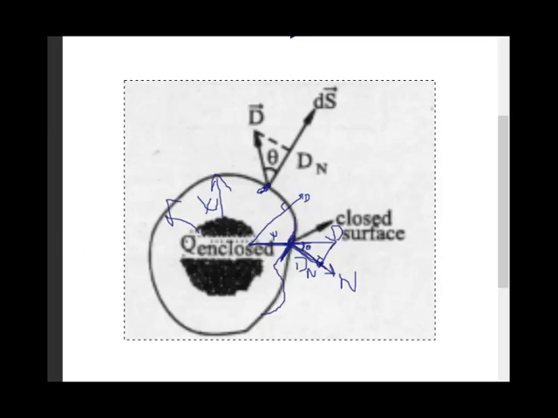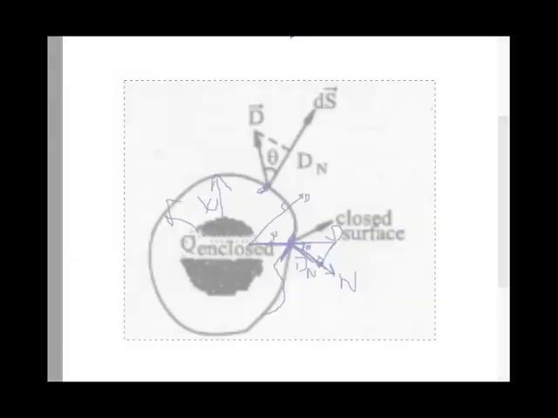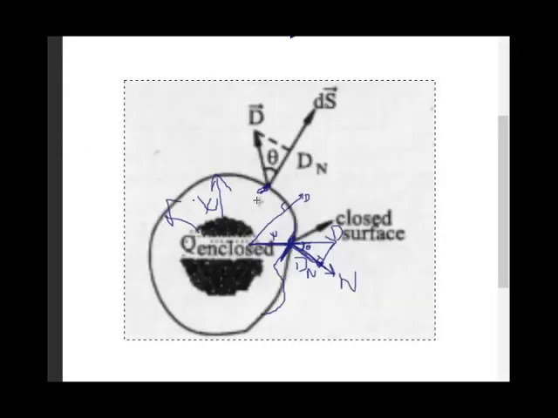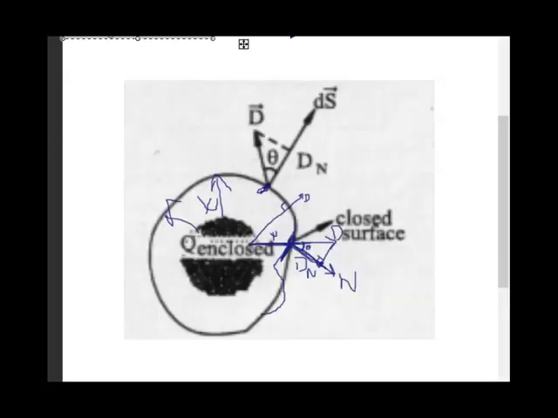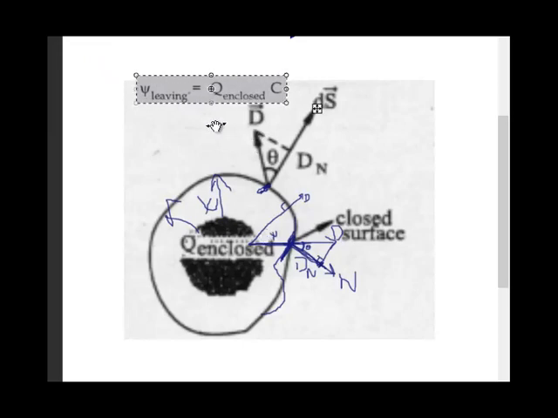So he has written the expression as psi leaving the surface is equal to the Q enclosed within the surface. Psi that is leaving or crossing the surface is the same as the Q enclosed within the surface.